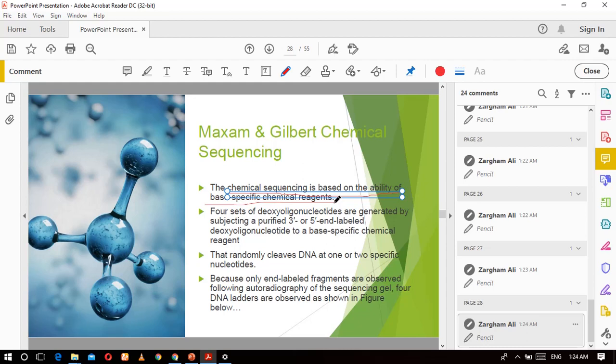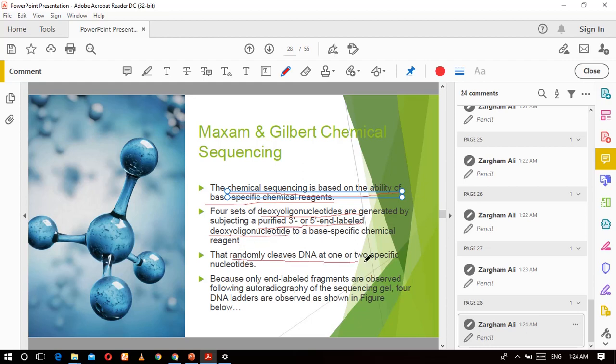It is basically the same method as the Sanger method, but the only difference arises in the base-specific chemical reagent, where a specific base or a specific nucleotide is removed when treated with the chemical. Four sets of deoxy oligonucleotides are generated when subjected to purified 3' or 5' labeled deoxy oligonucleotides with base-specific chemical reagents.